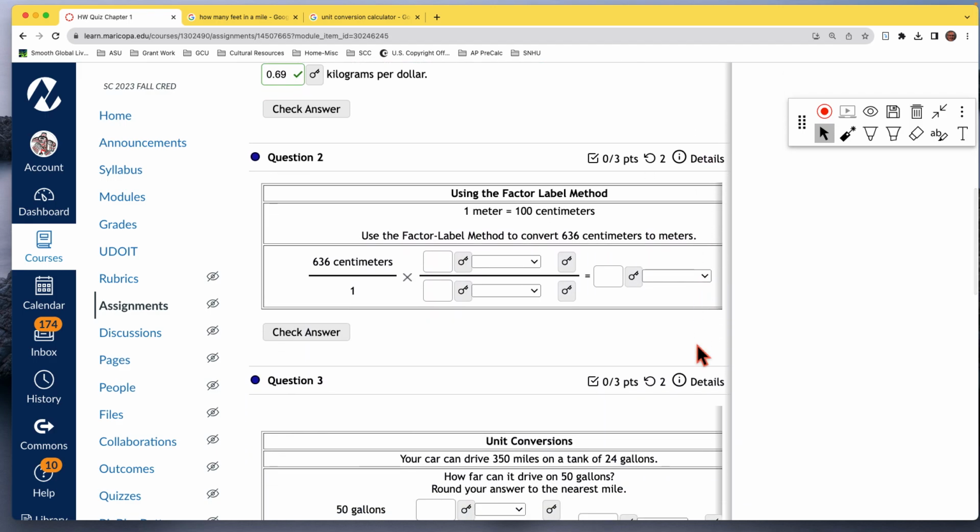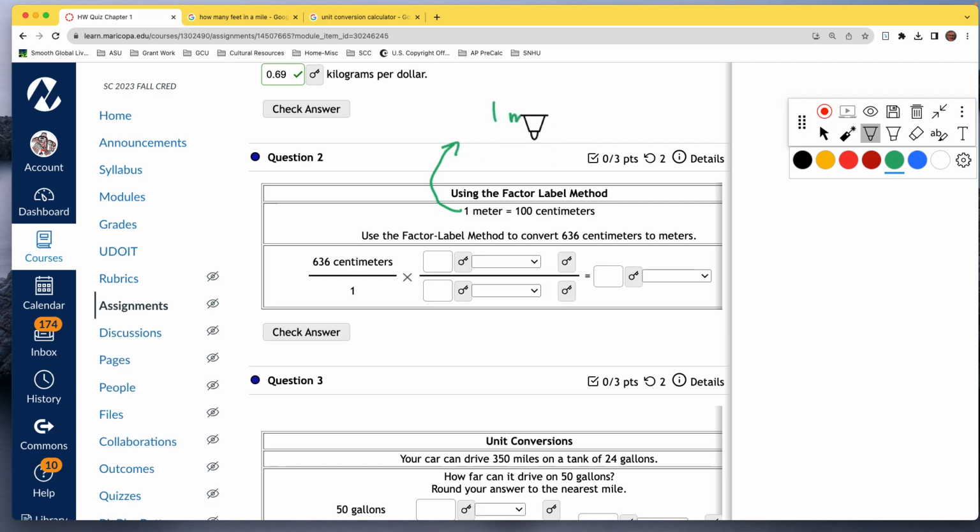Here's what I was talking about with the factor method. So we're given a number of centimeters. We want to use the factor method. We're given that there's 1 meter in 100 centimeters, and 636 centimeters. So this is where we want to take our fact of 1 meter equals 100 centimeters.